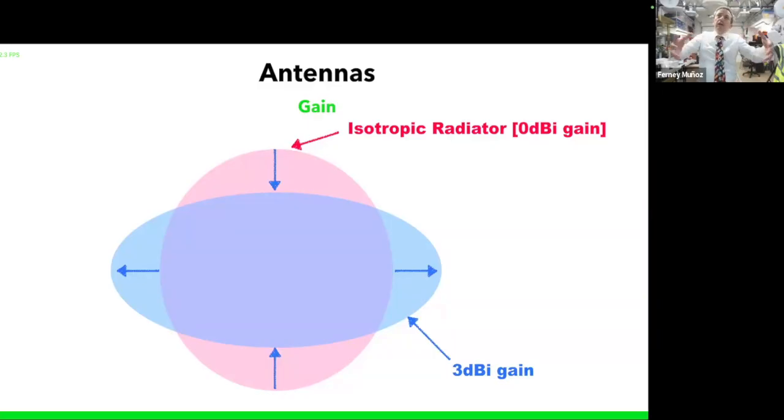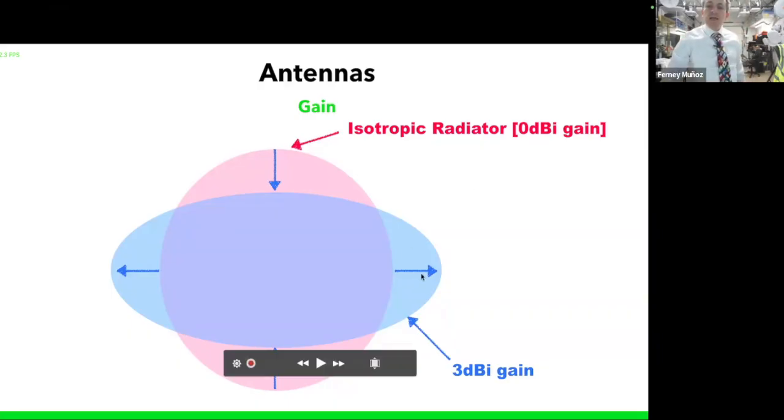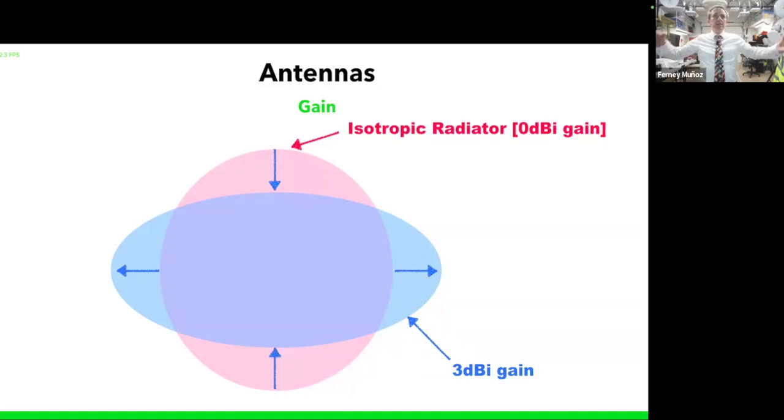It goes to the sides. Now this is the area where you have gain. We'll talk about dBs later, but then 3 dBi gain means there is gain in this direction, but of course now it changes the coverage in this area. So this is an antenna that has gain on the sides, but less on top and bottom.